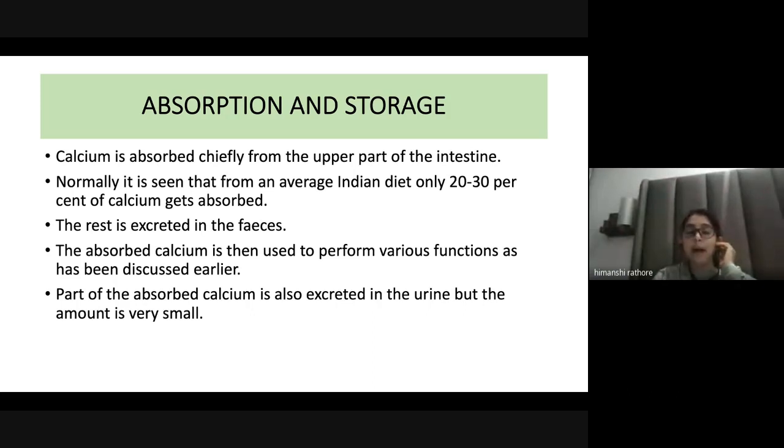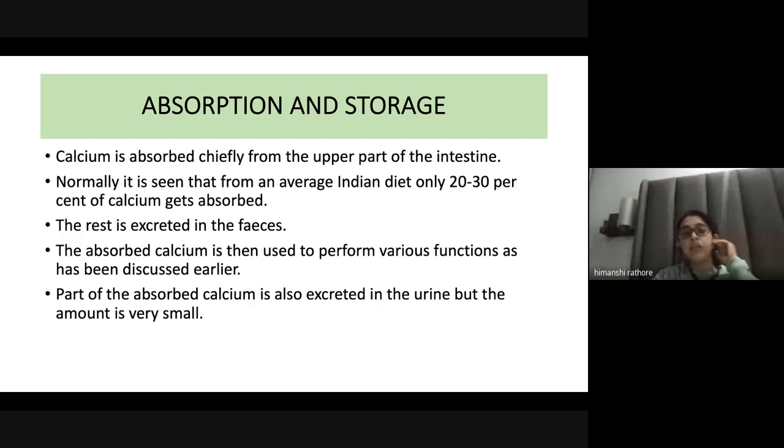Because the bioavailability of calcium is very low in the Indian diet, only 20 to 30% of the calcium in the food they consume is available for the body. The rest is excreted in the feces. So we can say that calcium bioavailability is very poor.